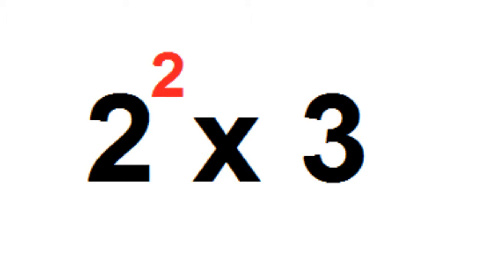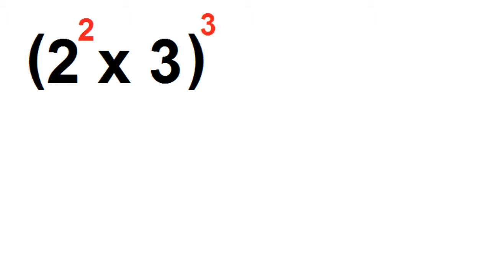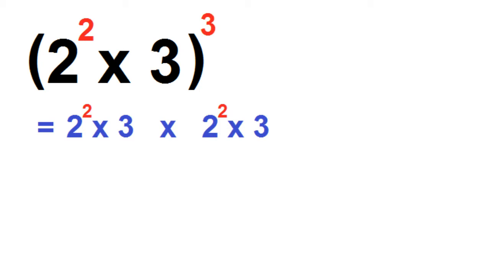There's one more level to this index law, and it's what happens when you have 2 or more index numbers inside the brackets. Suppose you have 2 squared times 3 in brackets cubed. If we write this out the long way, we'll get 2 squared times 3 times 2 squared times 3 times 2 squared times 3, right?